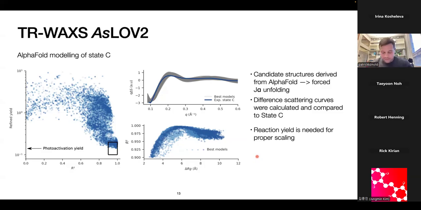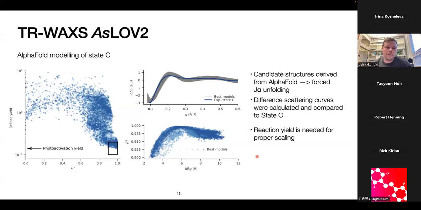So the next step was to try to force the helix to unfold, and we did so by inserting glycines at alternating residues in the helix. Using this tactic, it seemed to destabilize the helix, and we were able to generate a pretty large data set of candidate structures.